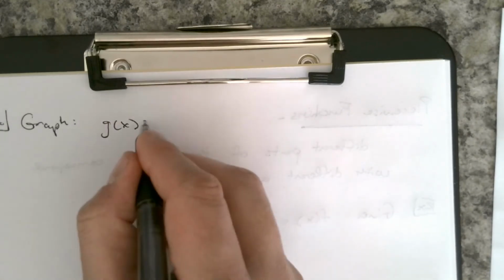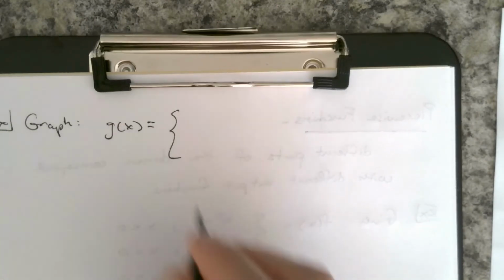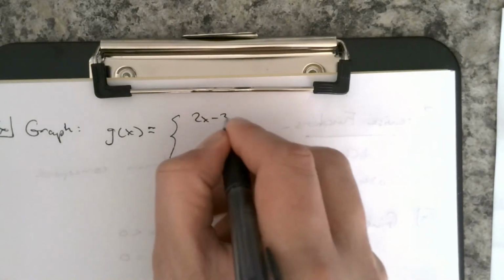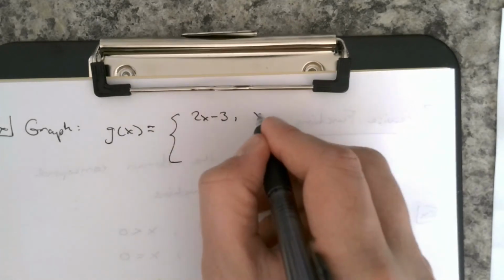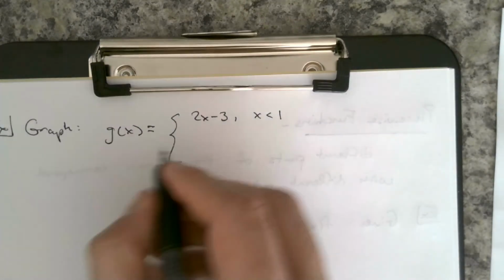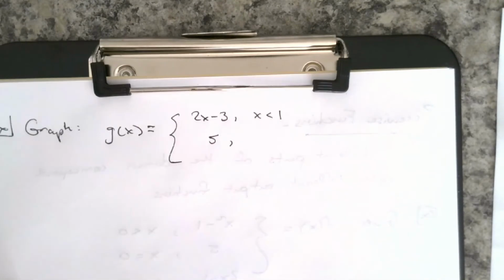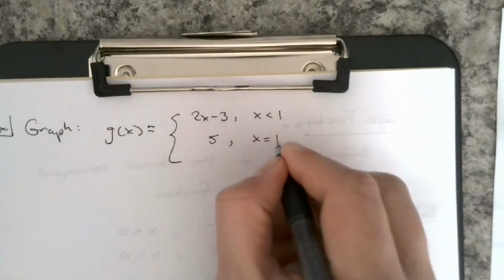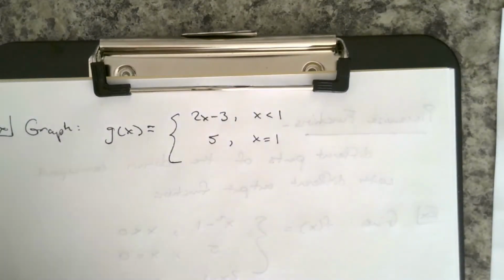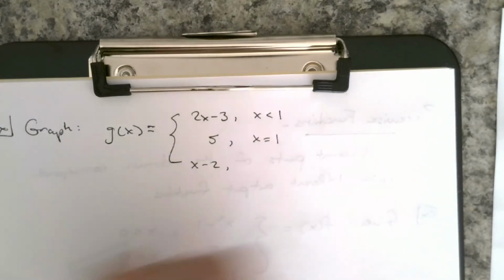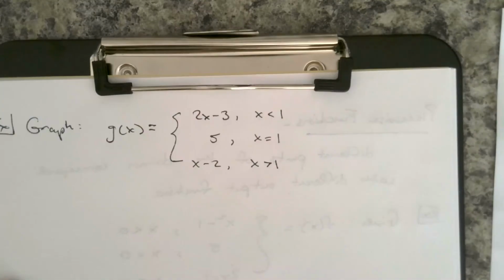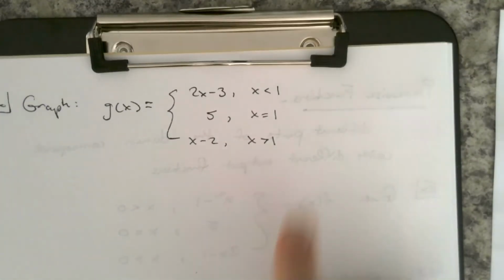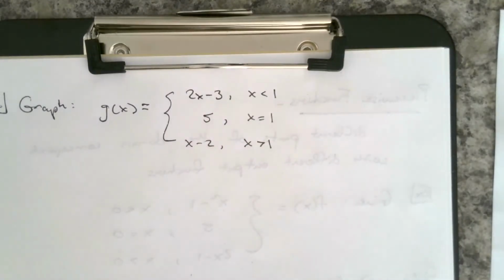So g of x is equal to the piecewise function 2x minus 3 for x less than 1, 5 for x equals 1, and x minus 2 for x greater than 1. And we're going to do the same type of thing. In other words, we're going to split up the domain like they have here and see what happens.